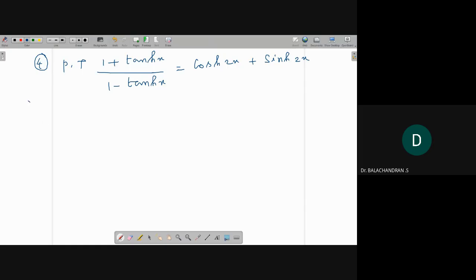So here I'm going to take the right hand side and prove the left hand side. I feel that is a little bit easier. Suppose if possible, you can take the left hand side and then try to prove the right hand side also.